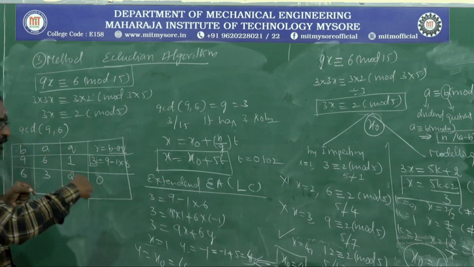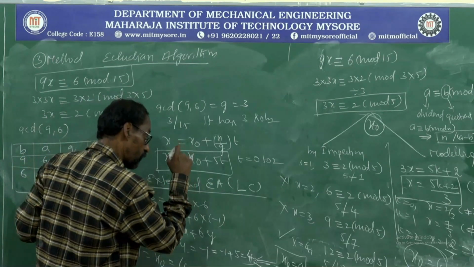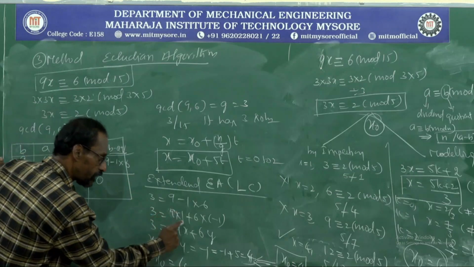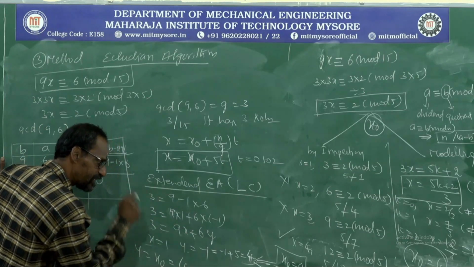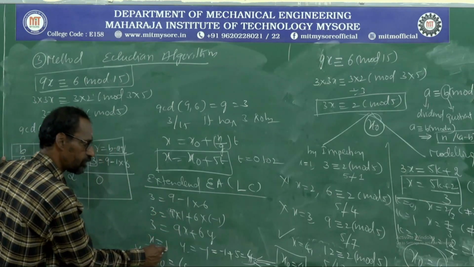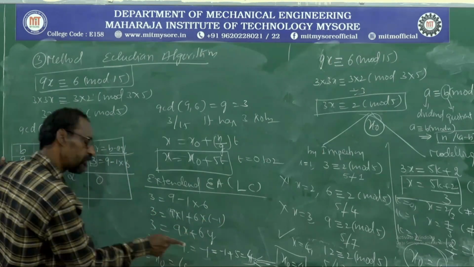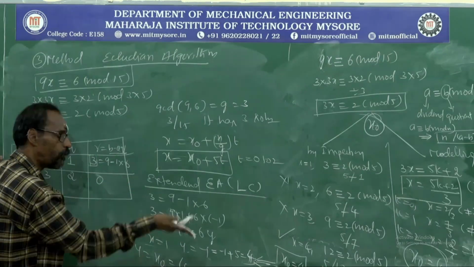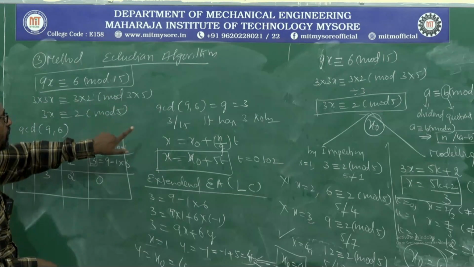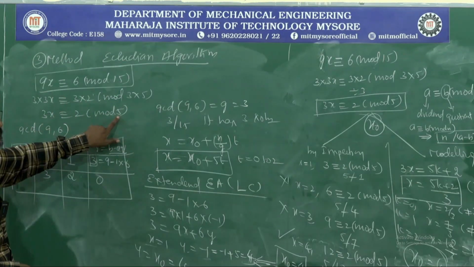Once you got the x naught, in the Euclidean algorithm, be careful, be cautious. Whenever you have x and y, they should be positive. x is 1, positive, and y equal to minus 1 is negative. I should convert it to positive by adding the divisor. What is the divisor actually? The divisor is phi.